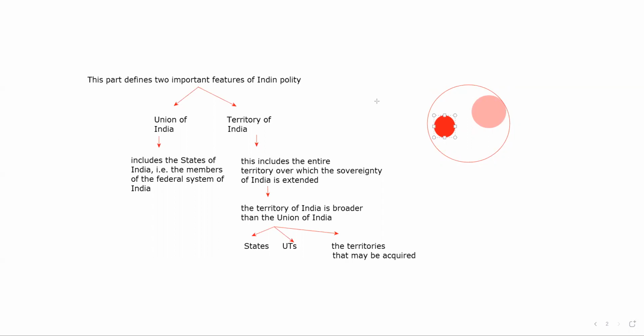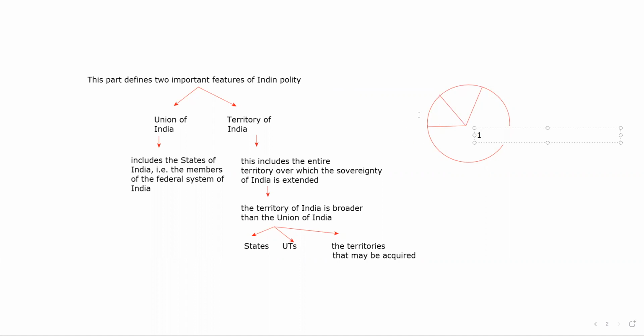Or let me take it in another way. Let's suppose this is one of the parts, and the second is this, and the third is this. So it may contain all this.